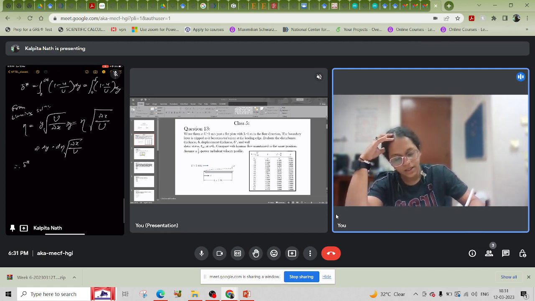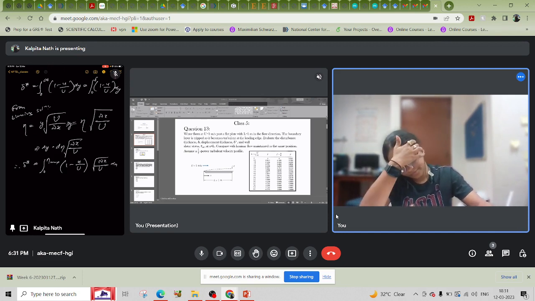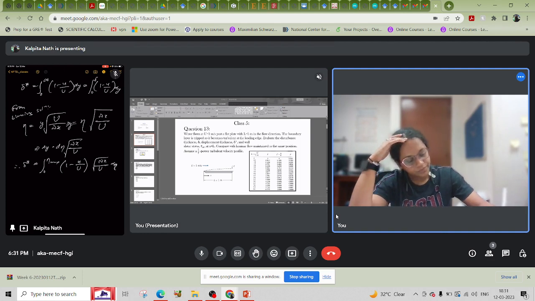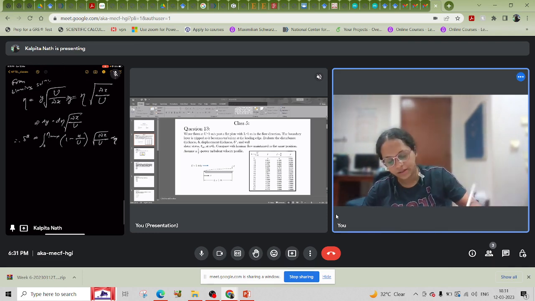Therefore, delta star is equal to the integral from 0 to eta maximum of small u by capital U root over nu x by u d eta. Eta will be maximum at the end of the boundary layer, so we write it as eta max.